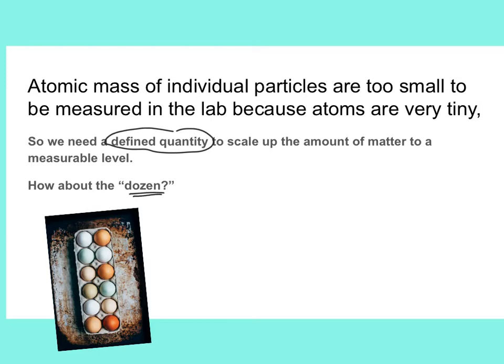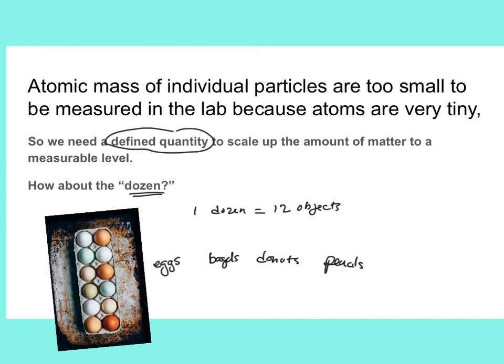So you're familiar with the quantity a dozen, okay? And 1 dozen equals 12 objects. And we use the dozen to describe things like eggs, bagels, donuts, maybe the number of pencils in a box of pencils, okay? And it works pretty well for those objects.